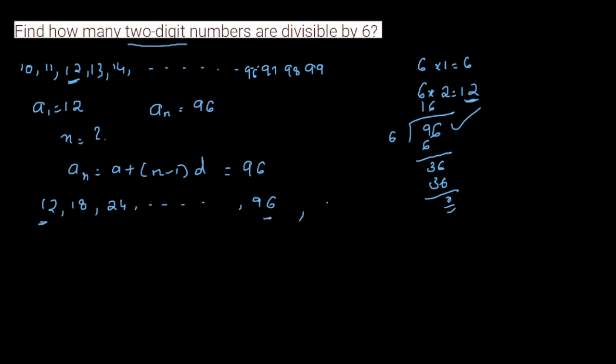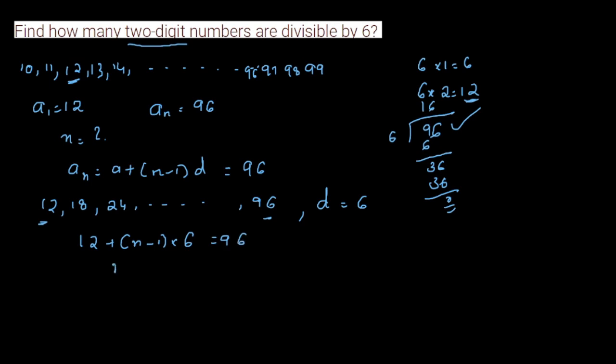And d is equal to 6 because it is divisible by 6. Common difference will be 6. Right? So a is equal to 12 plus n, we have to find out, right? n minus 1 into d. d is equal to 6, is equal to 96.